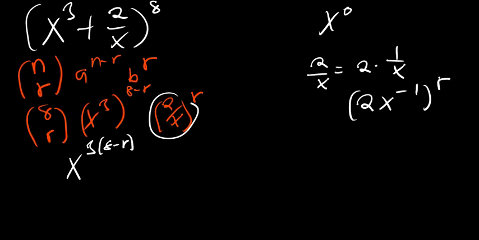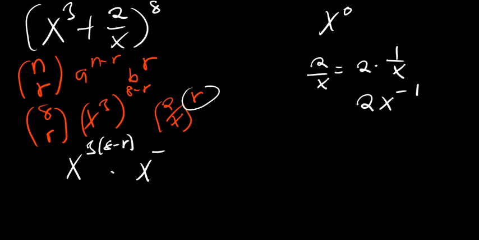But we are not interested in 2, we are only interested in x. So now here I'll say times x to the power negative 1 times r outside, which becomes negative r. I'll equate this equal to x to the power 0, because a term independent of x has got x to the power 0.